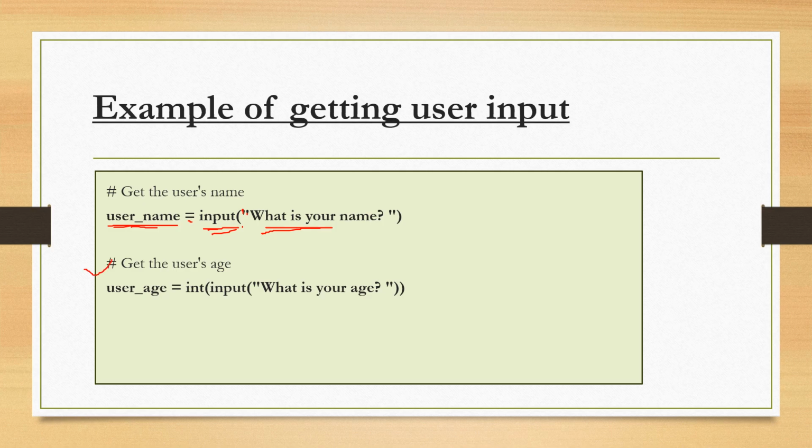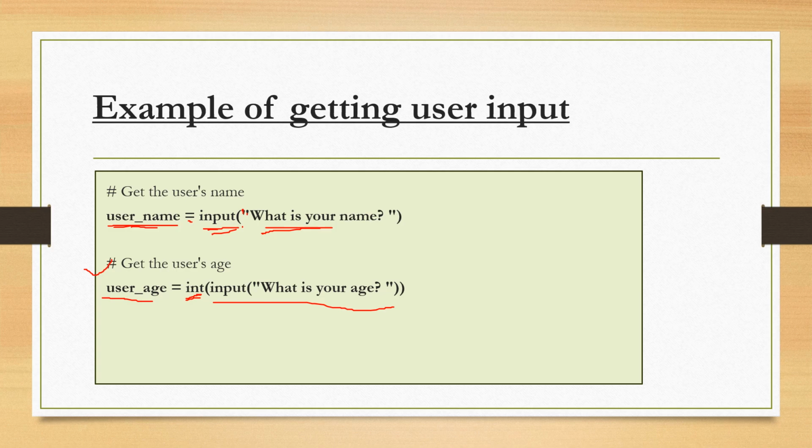Okay, so now we are going to get the user age. So by using the same process we can get the user age also. We have created one more variable, and for that we have to specifically tell that the input should be an integer, it should not be any other data type. So for that we have already seen typecasting or type conversion of data types.